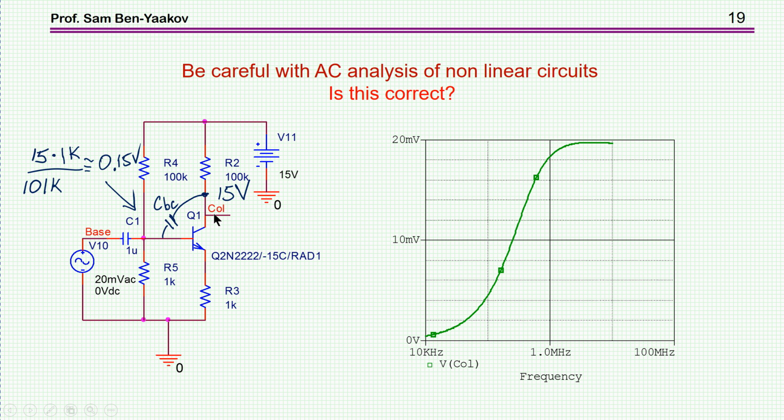The voltage here, since there is no current, will be 15 volts. And what we see, in fact, is the penetration of this signal through this capacitance between collector and base. And it makes perfect sense. At low frequency, penetration is low. At high frequency, the capacitor is sort of a short, and you get all the signal out. This is a 20 millivolt, you get the 20 millivolt out.